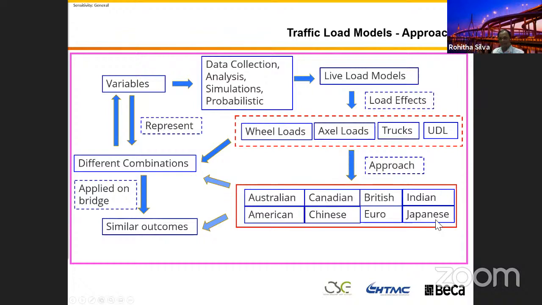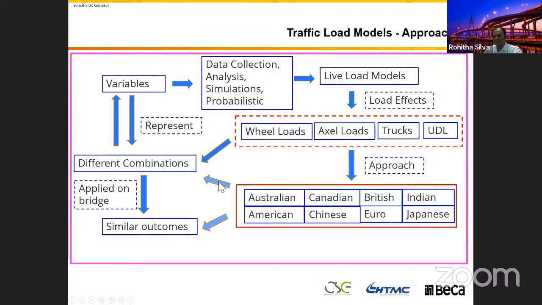All these standards, right? They develop their own approach to design a bridge. They have their own live load models, with reasons. And then these countries, when they develop their standard, I think around the world, we are using it.